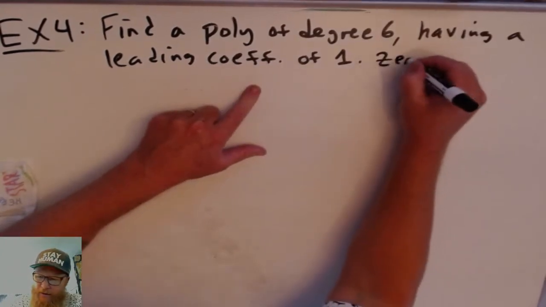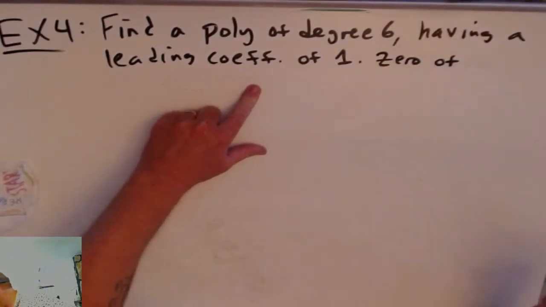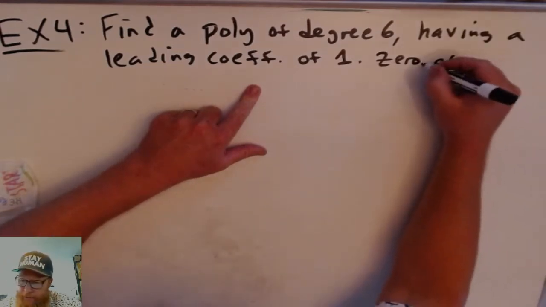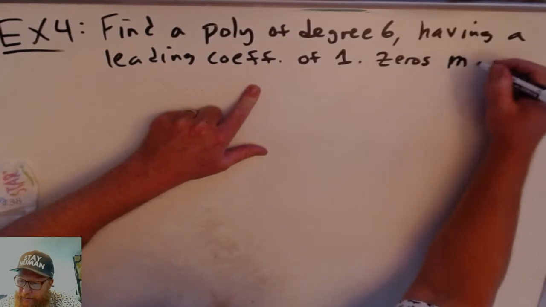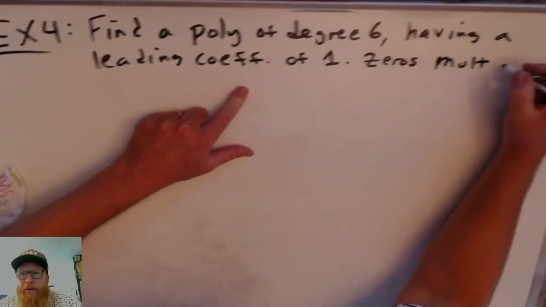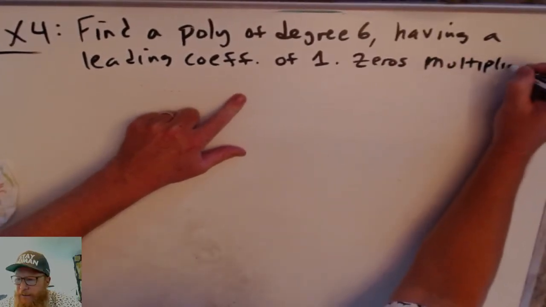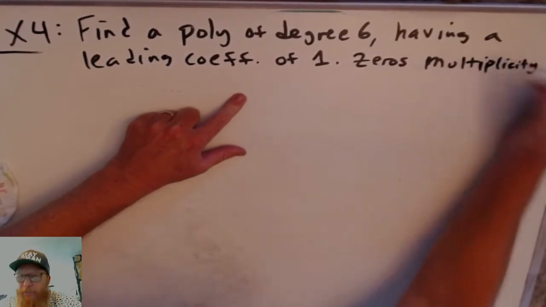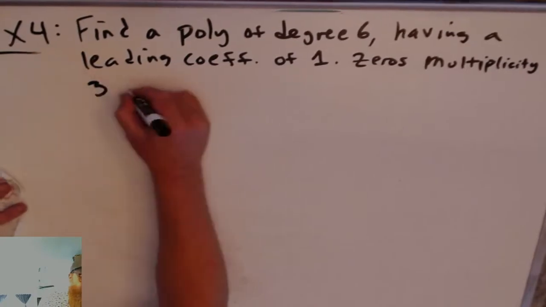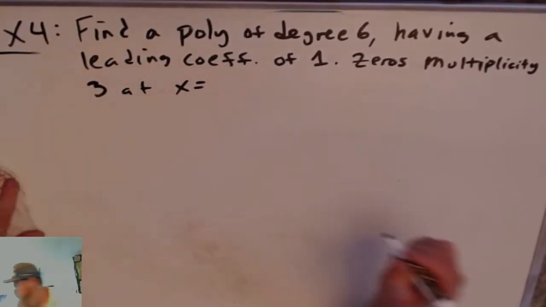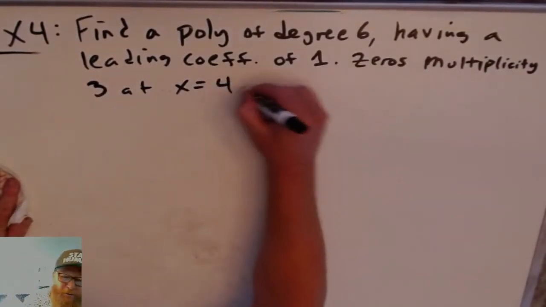A zero of multiplicity... Zeros of multiplicity, so plural, multiplicity 3 at x equals 4 and 2.